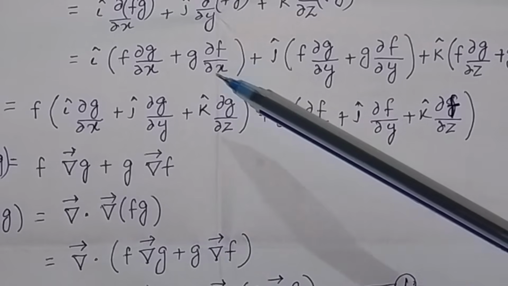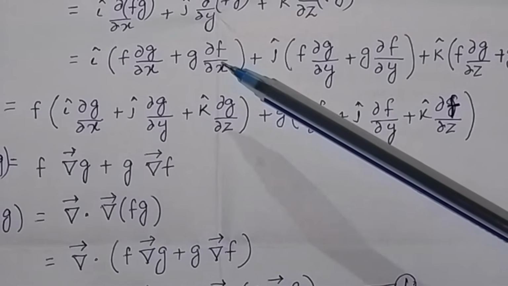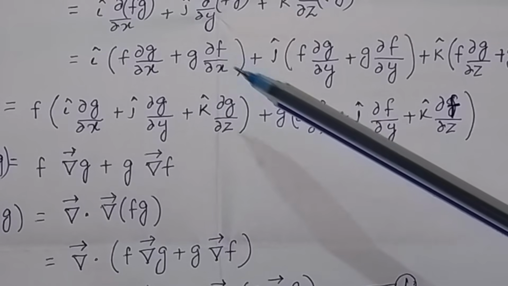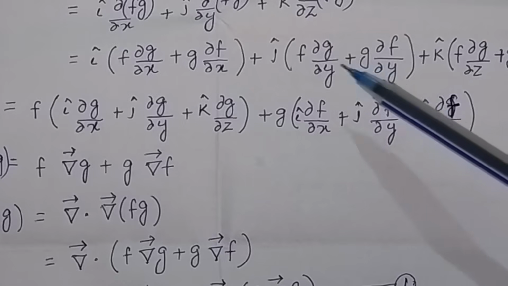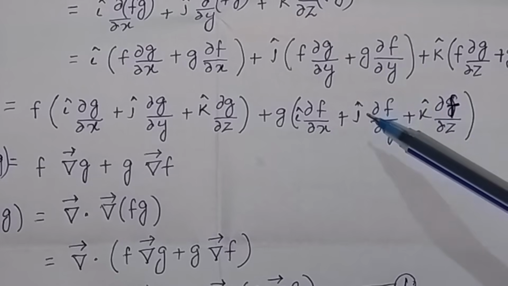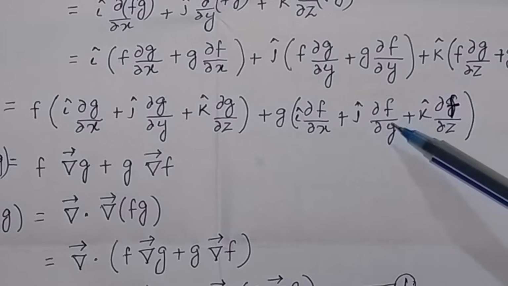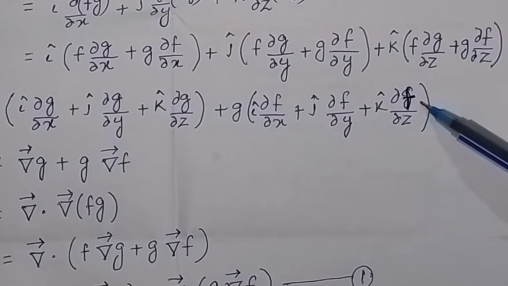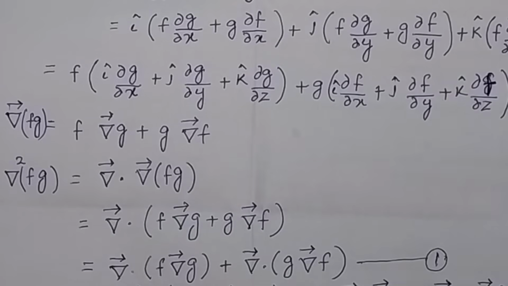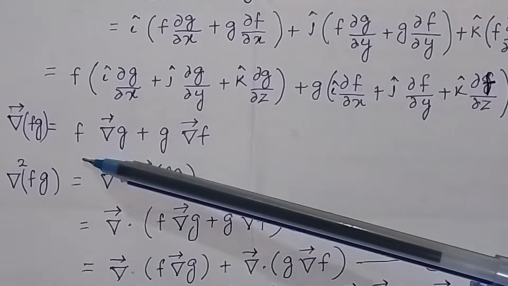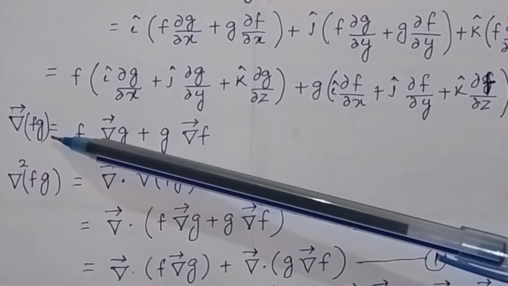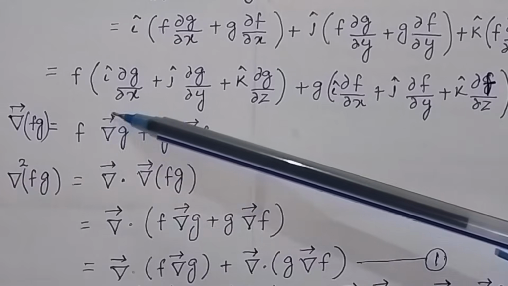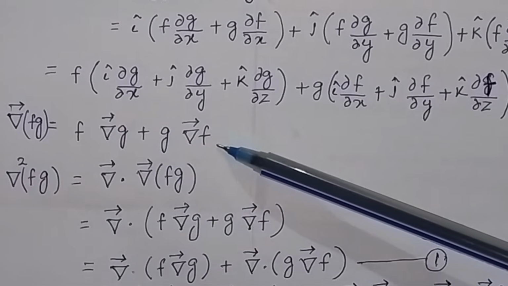Similarly, if you take g common from the f terms, then that will be i cap partial derivative of f with respect to x, plus j cap partial derivative of f with respect to y, plus k cap partial derivative of f with respect to z. So we have found that del of fg is equal to f del g, that is f gradient g, plus g gradient f.